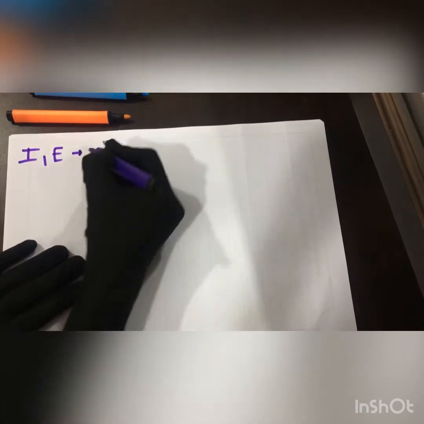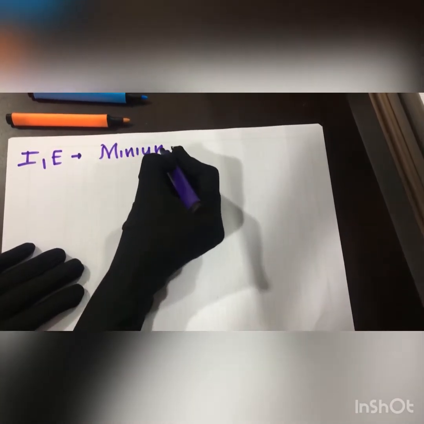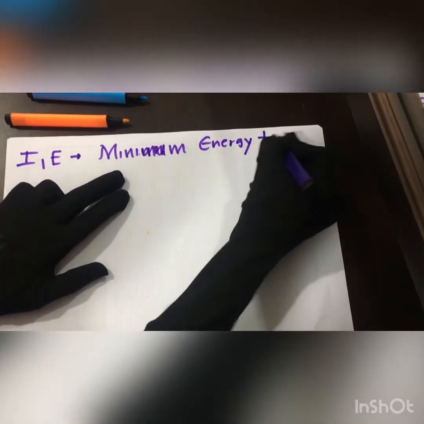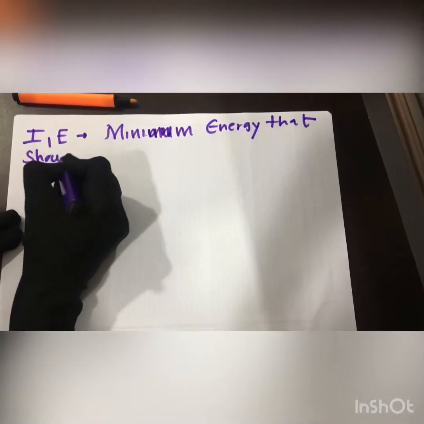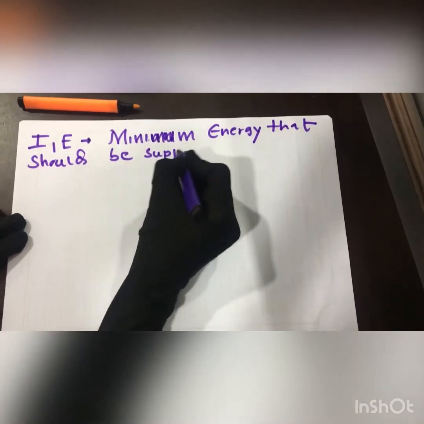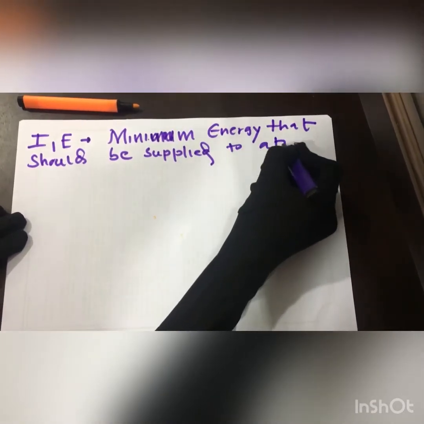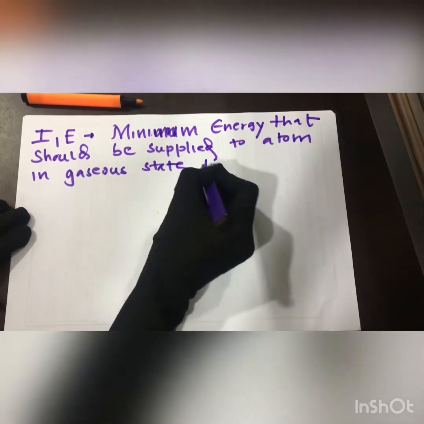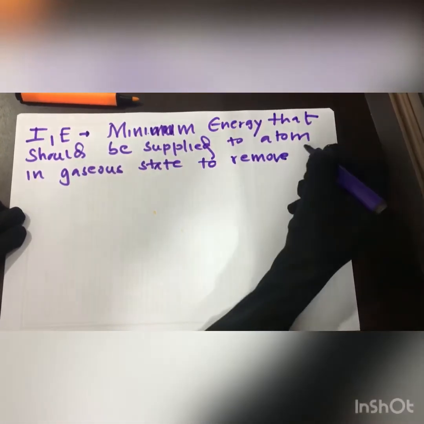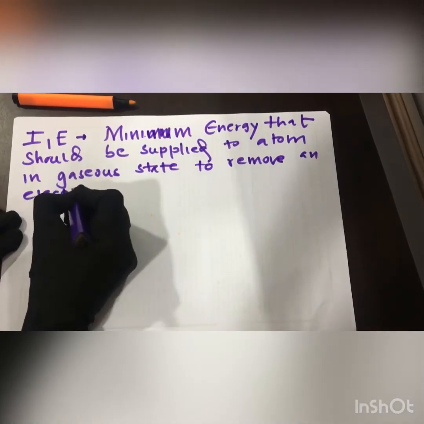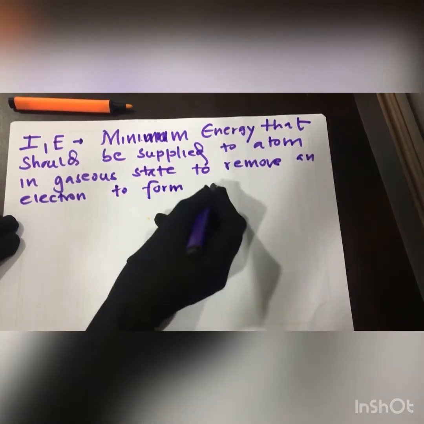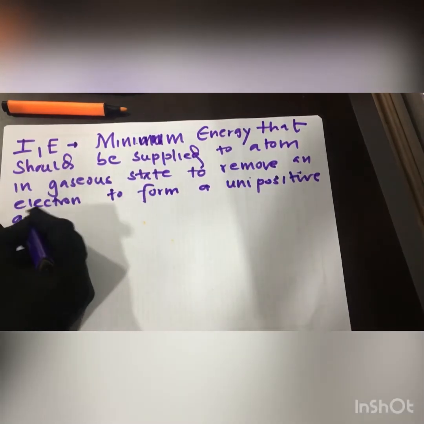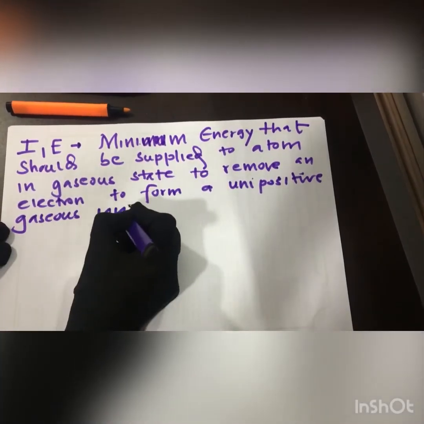First ionization energy means the minimum energy that should be supplied to an atom in gaseous state to remove an electron to form a unipositive gaseous ion.